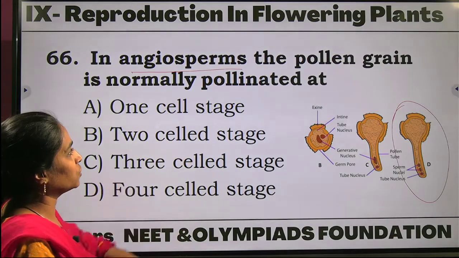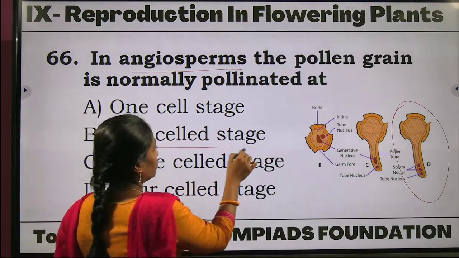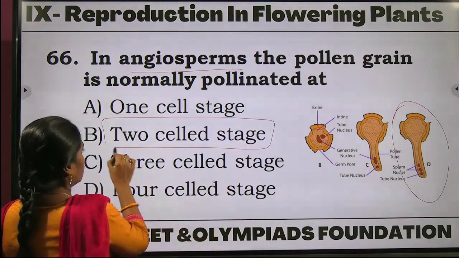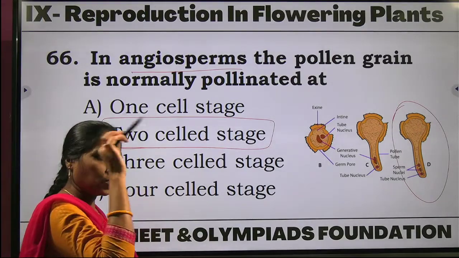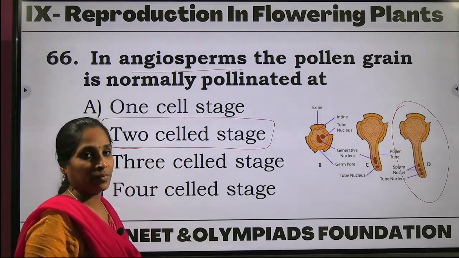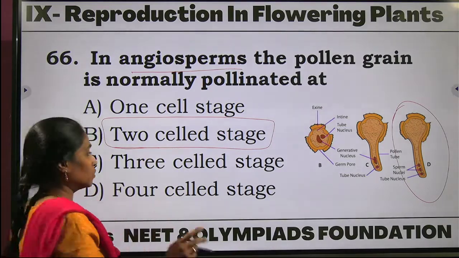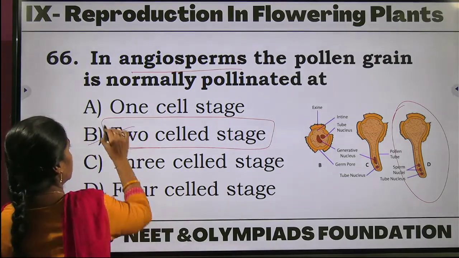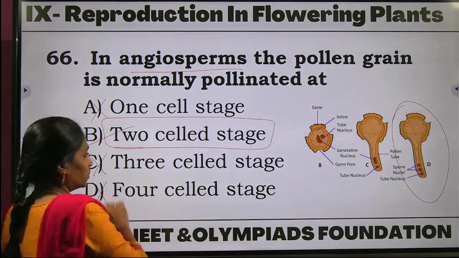Normally the pollination occurs during the 2-celled stage. During the pollination, when the pollen grain is ready to fall onto the stigma, there we can observe the 2 nuclei. That is called the 2-celled stage. Options A, C, D are the wrong ones.